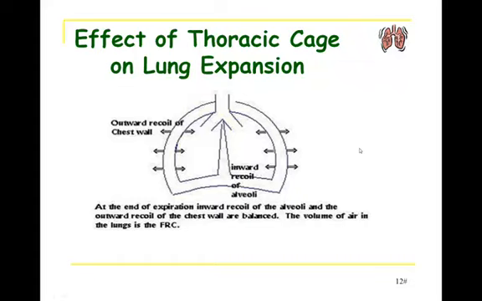And that is written out for you later in your notes or when you look at the lung volumes and capacities. But the volume that's in here is about 2,300 to maybe about 3,000 mils of air that you have in your lungs after a normal exhalation. That volume of air in the lungs at that point is because the elastic recoil of the chest wall is equal to the inward recoil of the alveoli.